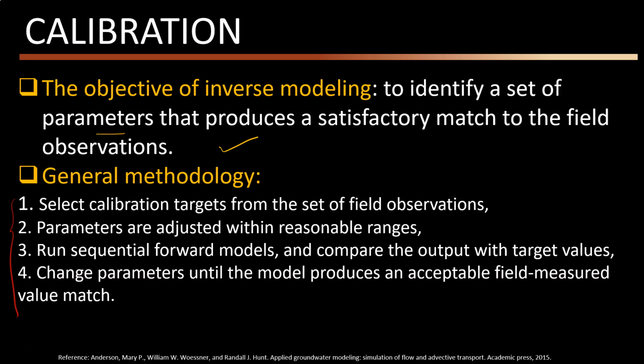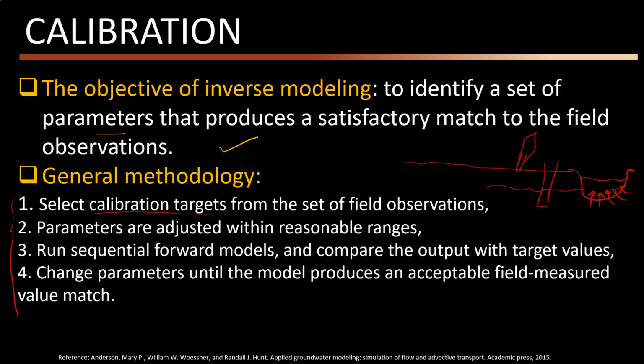First, you need to select some calibration targets, which are usually, for example, groundwater head fluctuation information, or the amount of flux or flow into a river or lake, and information like this. So you have to go and find some good calibration targets.